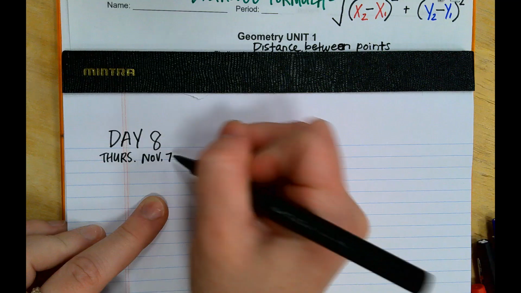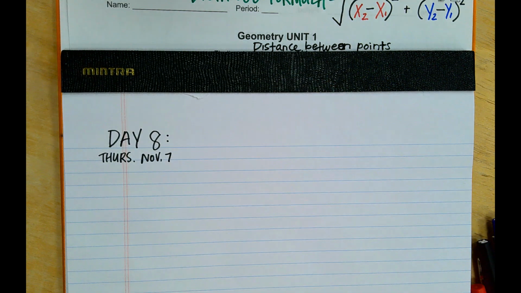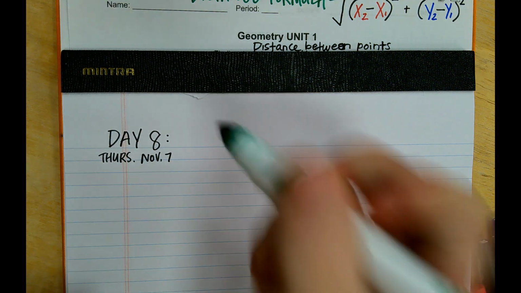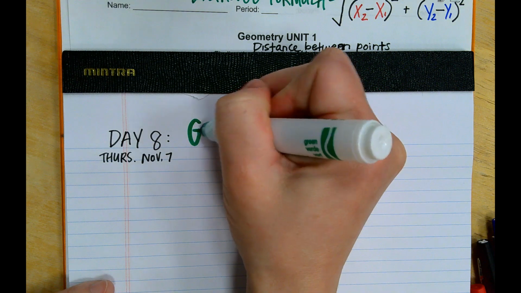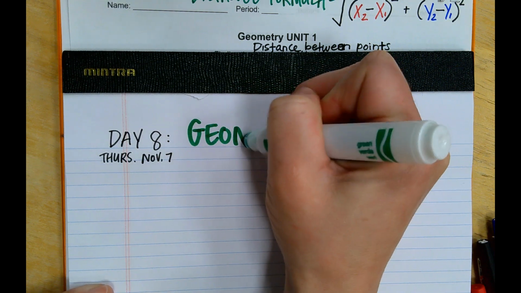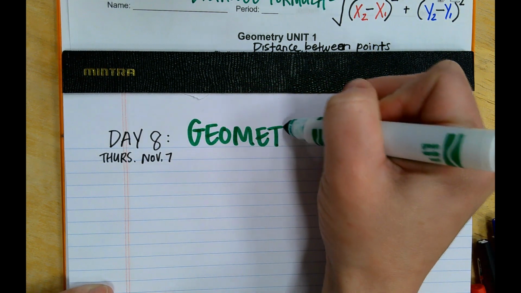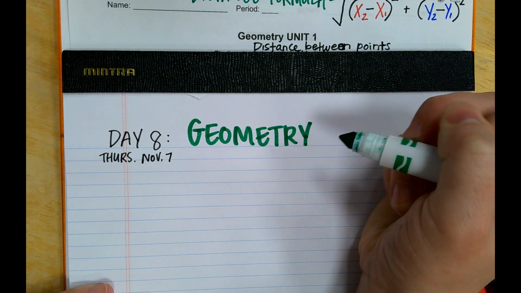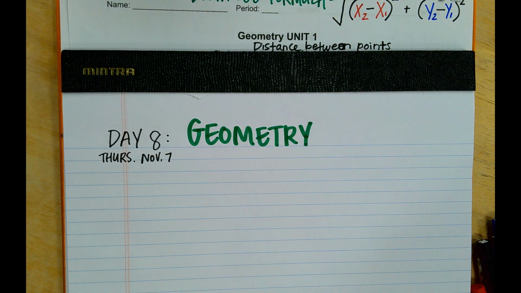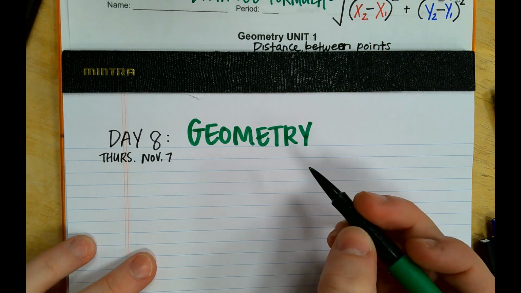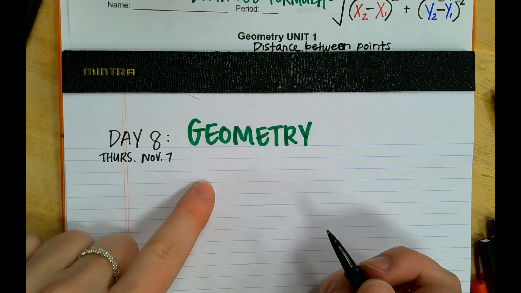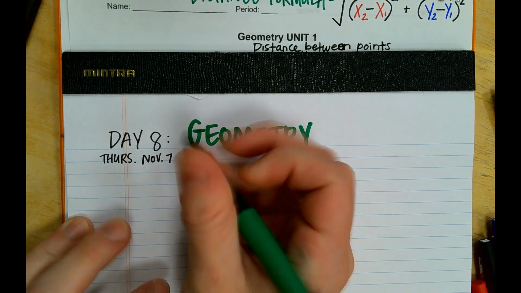Geometry. I need to do this because if I don't, I'll lose the paper. Make sure it's up there. So I am going to write on here: finding the distance between points.